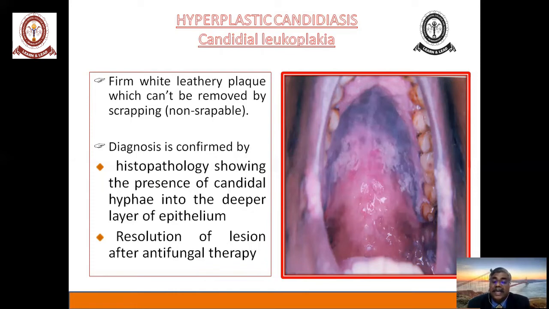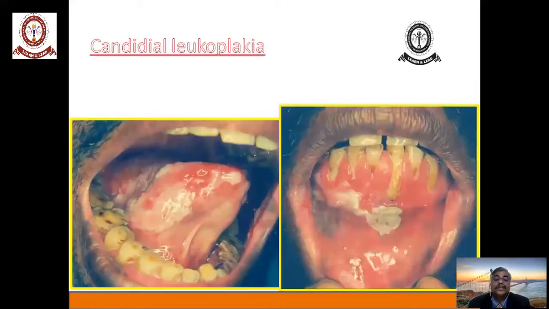Only in hyperplastic candidiasis do we see deep infiltration of candidal hyphae into the deeper layer of epithelium. Also, if we treat such lesions with antifungal therapy, the lesion may resolve. So these are the two indications or evidences to confirm our diagnosis that it is a hyperplastic candidiasis and not any other keratotic white lesion.